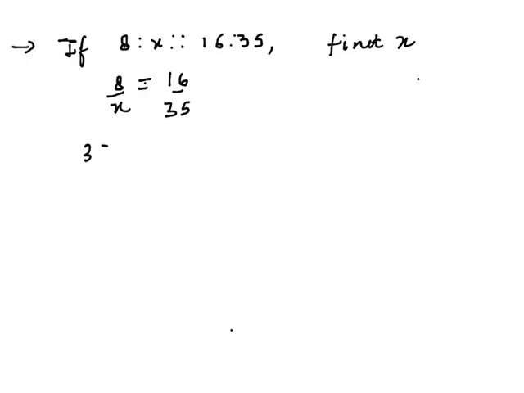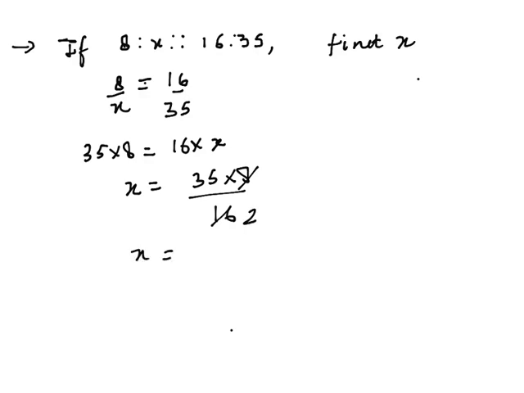So 35 times 8 will be equal to 16 times x. Now we can transpose 16 to the denominator on the left hand side. We get x equal to 35 times 8 divided by 16. It will be 2. Now x is equal to 17.5.